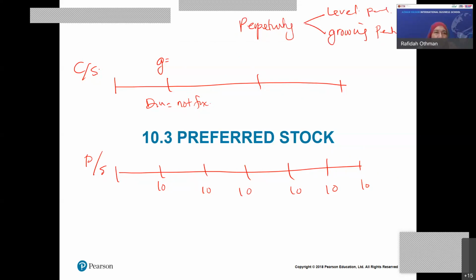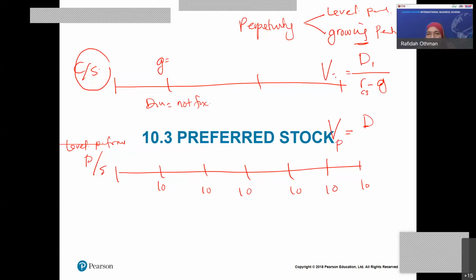Common stock uses the growing perpetuity formula, but preferred stock uses the level perpetuity formula. So what is the formula? Value for preferred stock equals the dividend, because the dividend is fixed, D1 over R minus G, where R is the return.